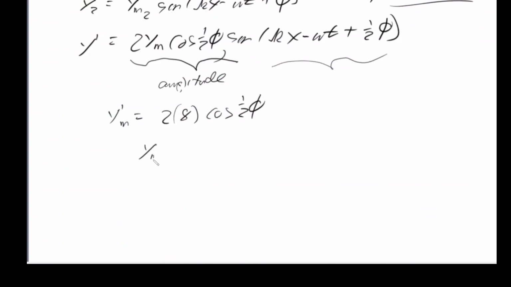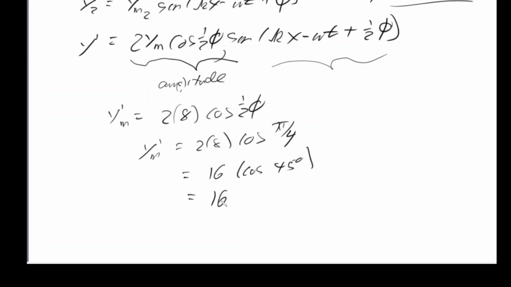So the amplitude of the new wave is equal to 2 times 8 times the cosine of pi over 4, which is equal to 16 times cosine. Pi over 4 is the cosine of 45 degrees, which is equal to 16 times 0.71, or the amplitude of the new wave due to interference is equal to 11.3 centimeters.